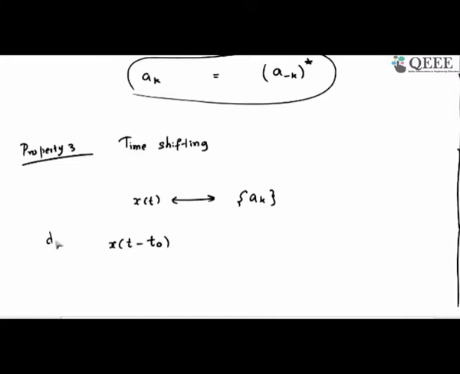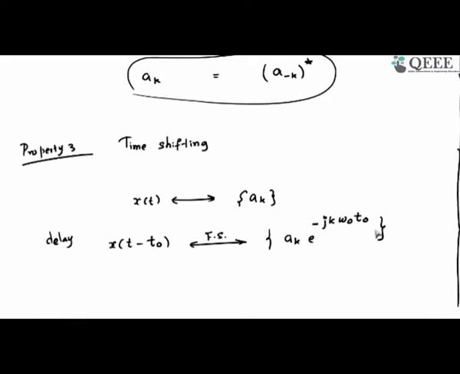A delay, or time shift, will have Fourier series coefficient a k e power minus j k omega naught t naught. So that is the property.